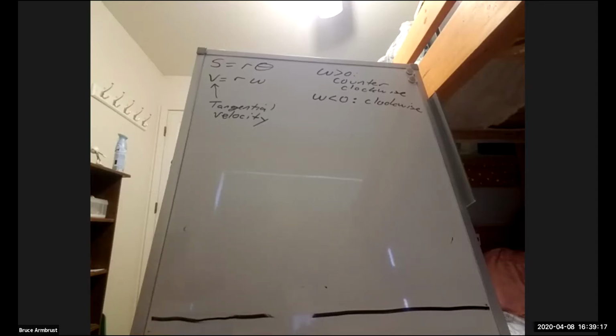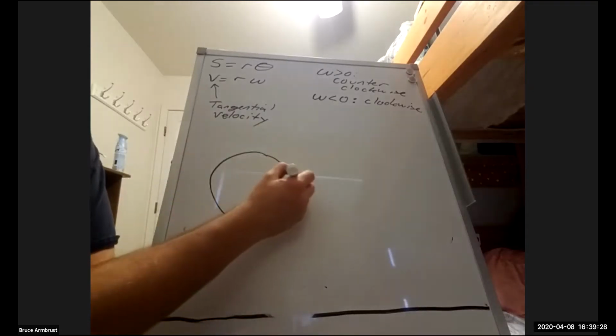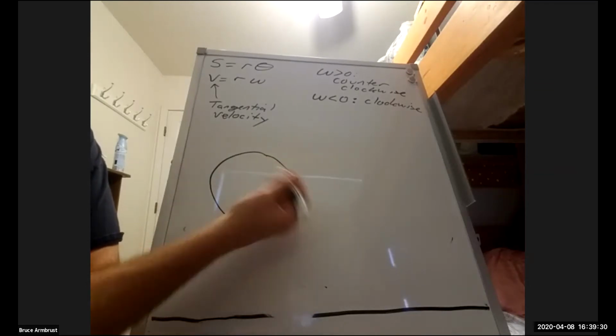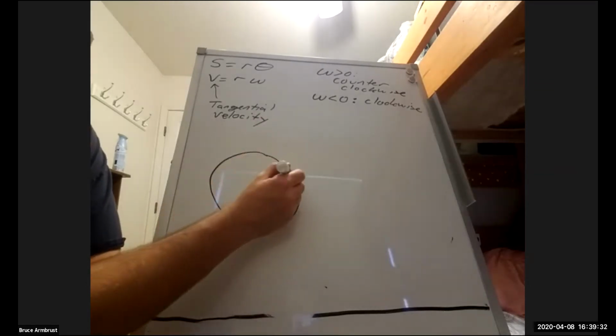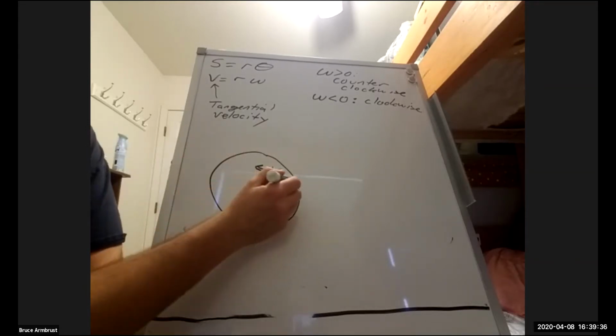But you know that if you have an object, you can have velocities that are pointing in multiple directions, right? You can break it into components. And so if you think about something moving around on a circular path, let's give it just some random velocity, okay? So let's say that this is V. I can actually break it into components.